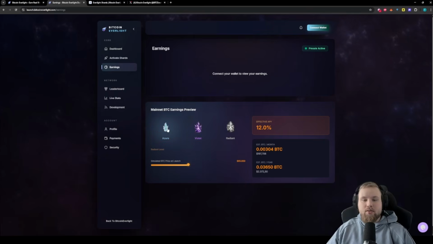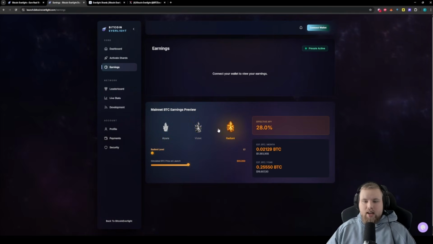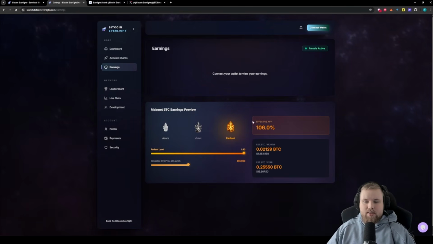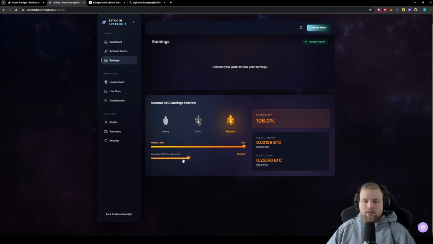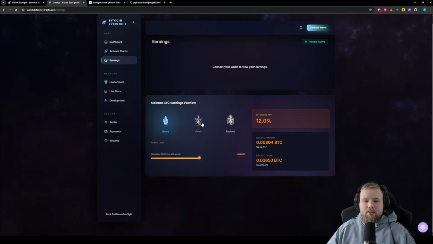And we can see also down here the mainnet BTC earnings preview, Azure, Violet, and Radiant, with Radiant having an effective APY of 28% on level 1, and you can scale this up to level 40 with 106% APY. So we can put in what we can expect here per month with the different levels of shards that we have activated that we just talked about.